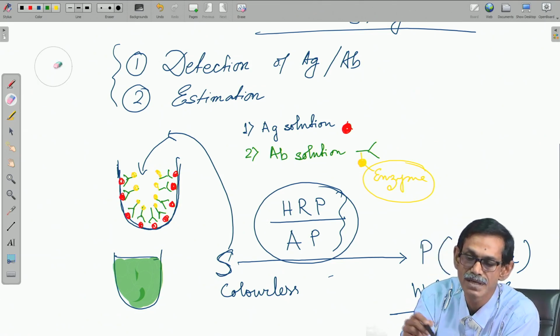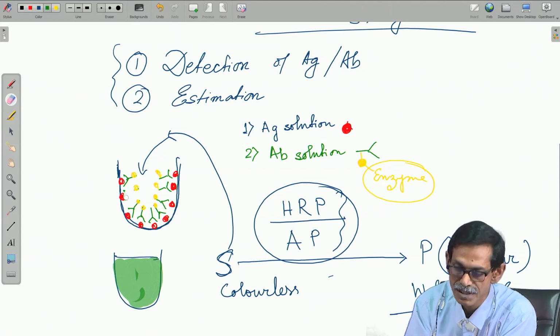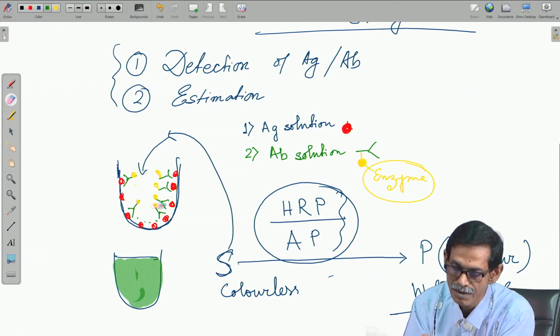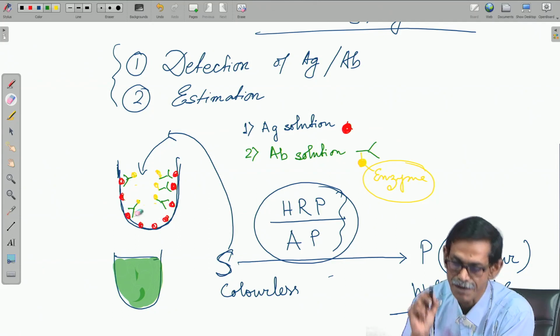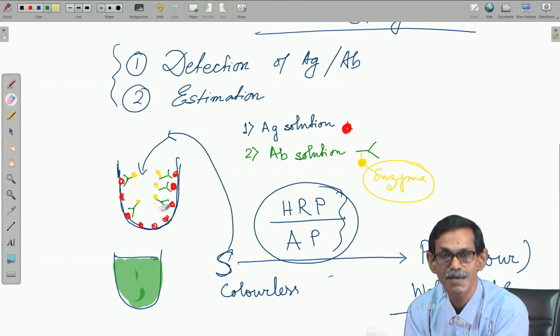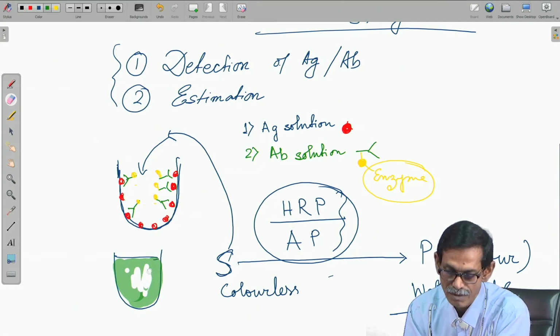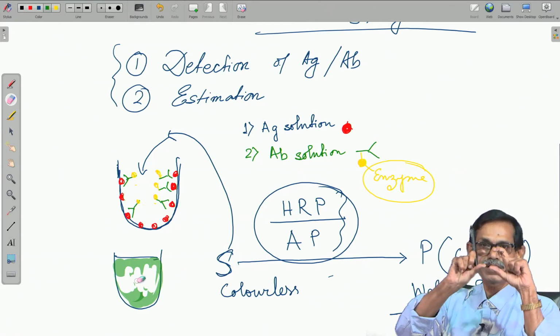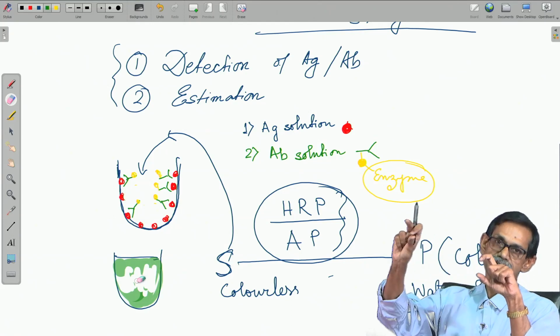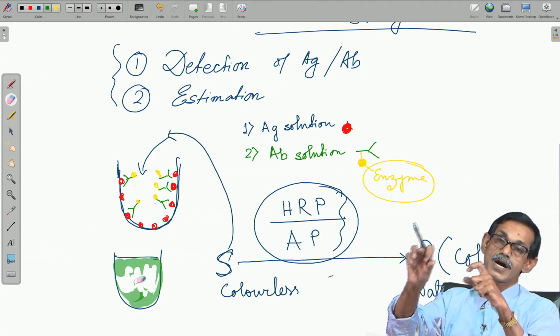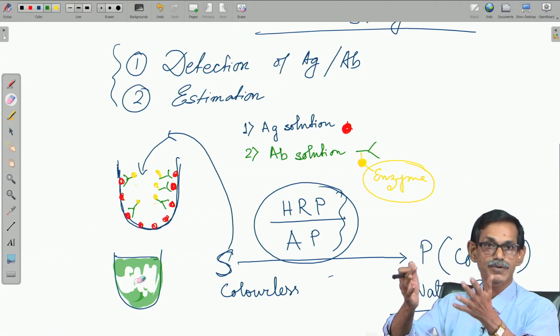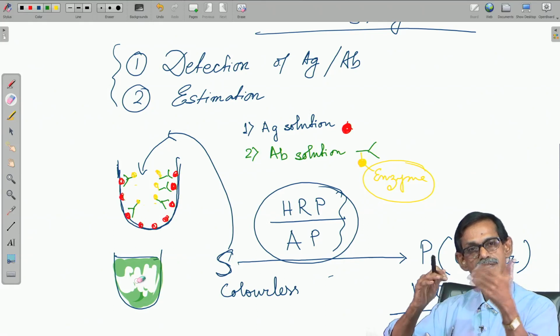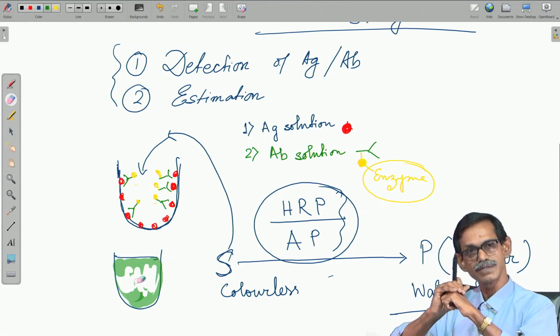Only these 5 will be bound. Automatically your green solution will be less green. So, depending on the intensity you can tell how much antigen or how much antibody is there, because we can measure this solution spectrophotometrically, measuring its intensity.